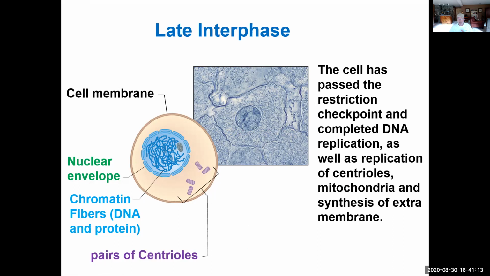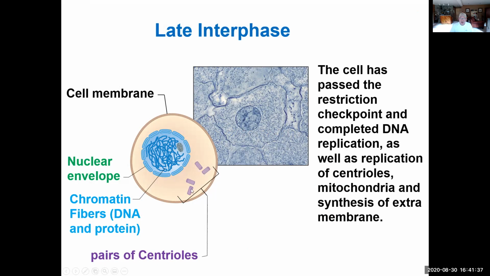They're called histone proteins. And together, the DNA and those histone proteins make up this loose strand of material called chromatin. A very, very important word to know. Chromatin is the DNA and associated proteins found here in the nucleus of the cell in late interphase.